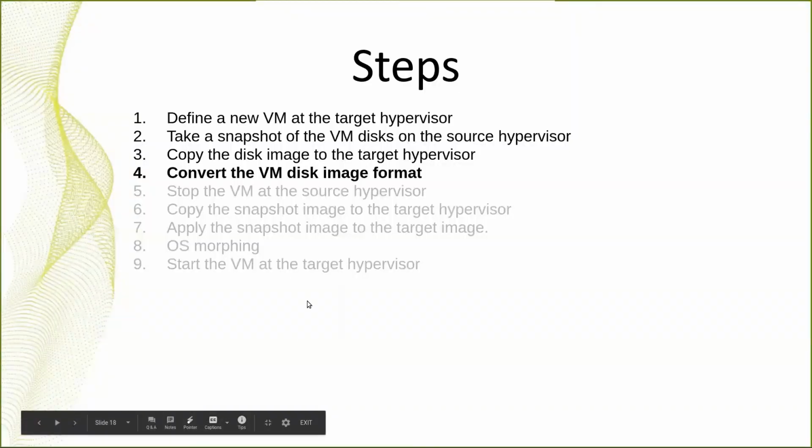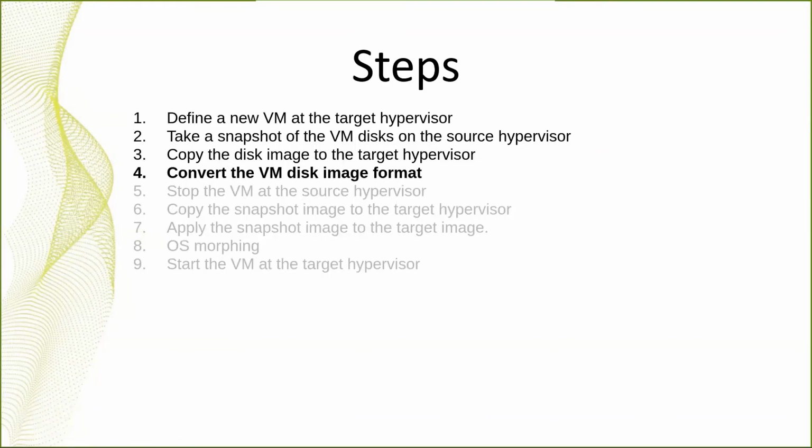The last step is to transfer the snapshot image that contains all the changes made since we made a snapshot until now. To do this, we need to stop the virtual machine and then copy the snapshot image.